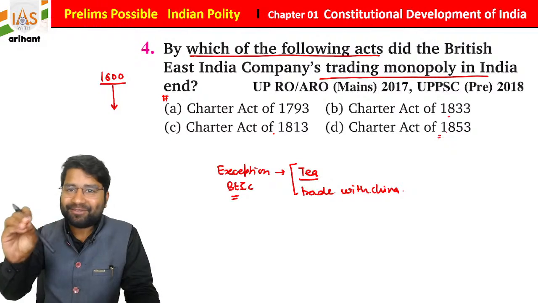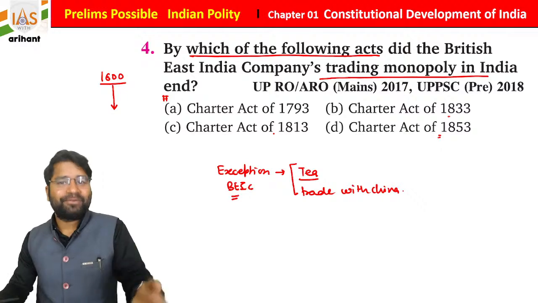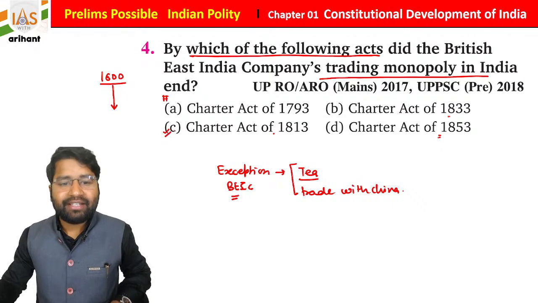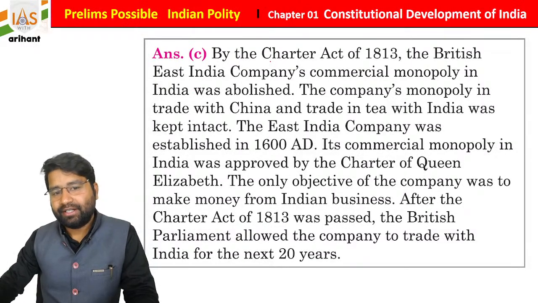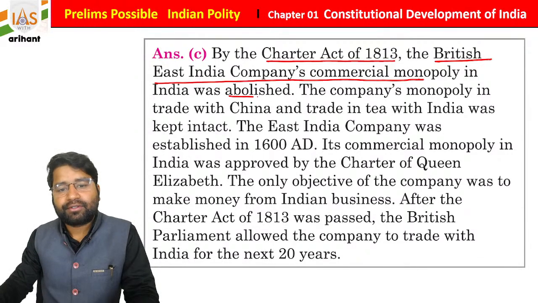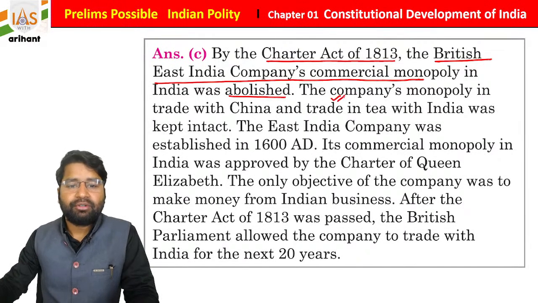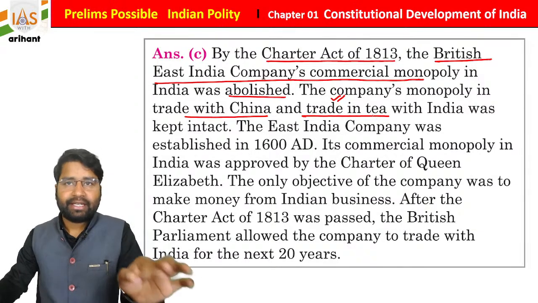Every charter has a specific regulation. It was the Charter Act 1813 when the monopoly of the British East India Company was ended. By the Charter Act 1813, the British East India Company's commercial monopoly in India was abolished. The company's monopoly to trade with China as well as trade in tea was kept intact.